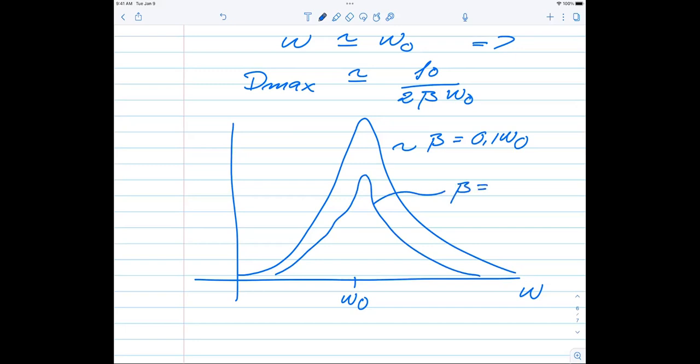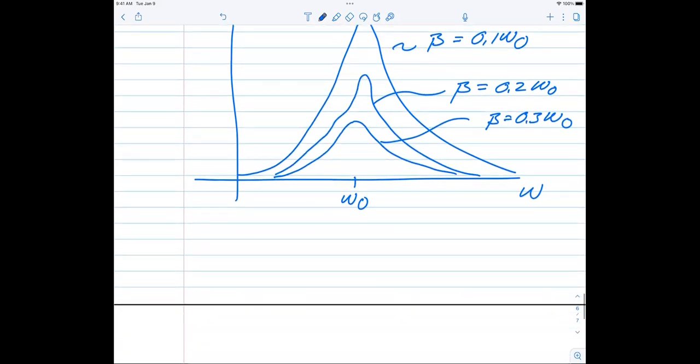So hopefully you can accept the quality and just see the essential features. So you have a beta equal to 0.3 times omega 0, etc. As beta decreases, this D peaks, and we call this a resonance. And the peak gets higher and higher and sharper and sharper.